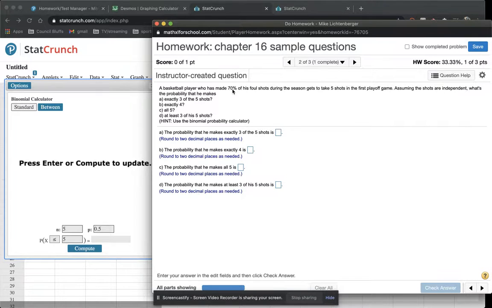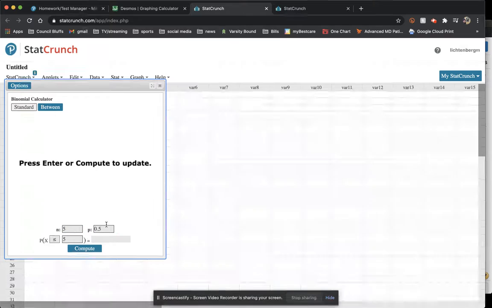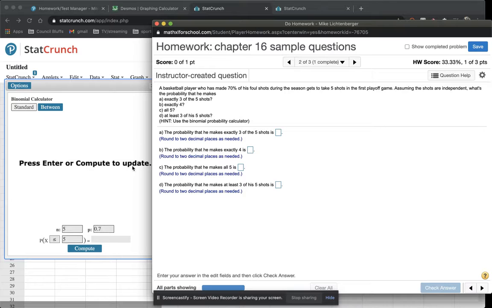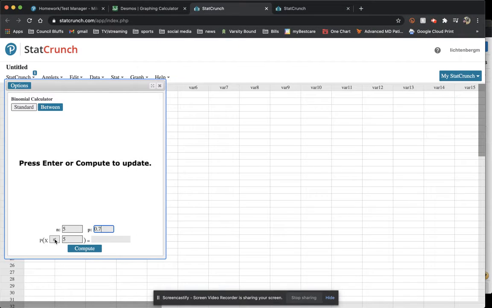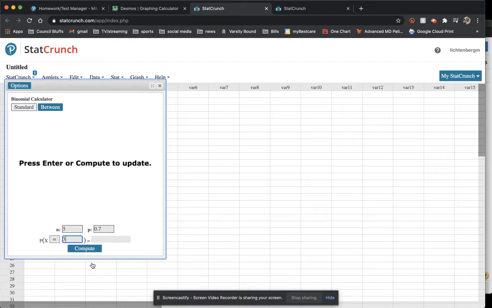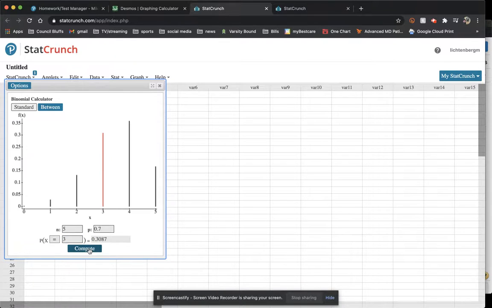In this case, he's got a 70% free throw percentage, so we'll make that 0.70. And we want the probability that he makes exactly 3 of the 5 shots. So I'm going to make this equals, and I'm going to make this 3.